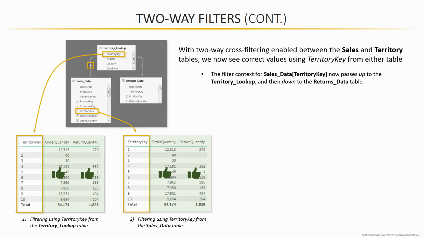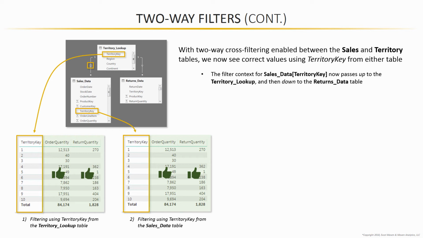What's new now is that pulling in the territory key from the sales data will not only return proper order quantities as you'd expect, but that filter context is now able to travel up to the territory lookup, which then filters territories based on which ones generated sales, and then that filter context in turn passes down to the returns data table, which filters accordingly as well.